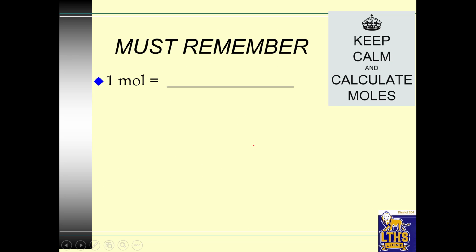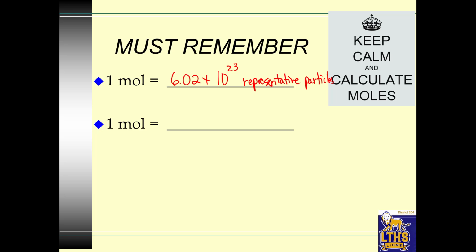Okay, so here's what you should remember. 1 mole equals 6.02 times 10 to the 23rd representative particles. What are representative particles? Atoms or molecules, right? What else? 1 mole equals the mass in grams from the periodic table.